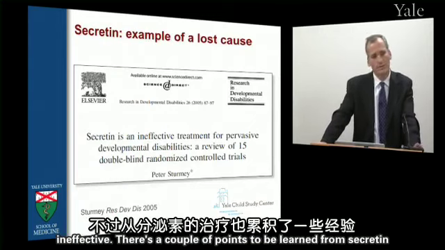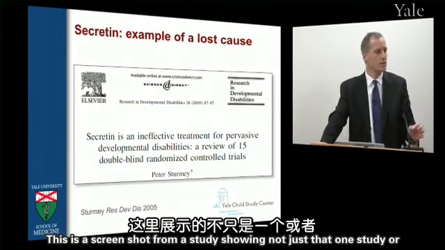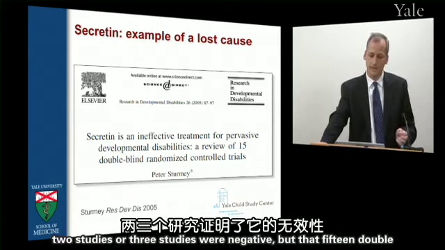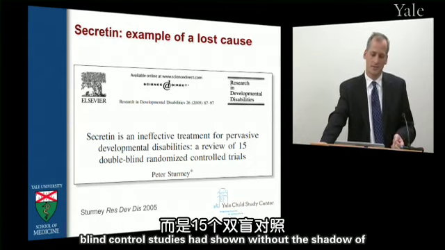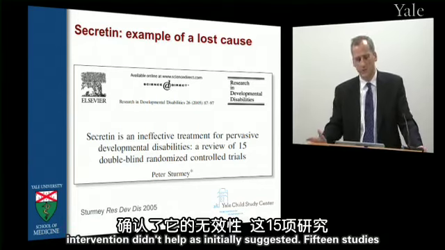but there's a couple of points to be learned from secretin. This is a screenshot from a study showing not just that one study or two studies or three studies were negative, but that 15 double-blind control studies had shown without the shadow of a doubt that this intervention didn't help as initially suggested. 15 studies.